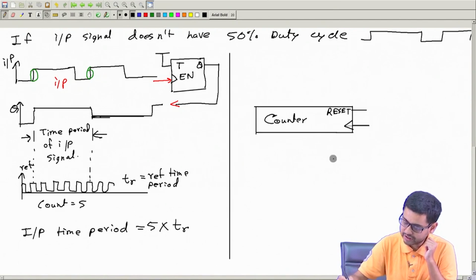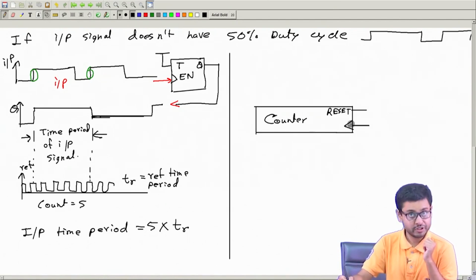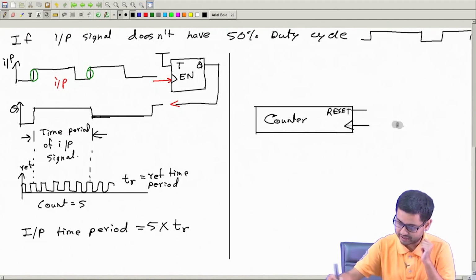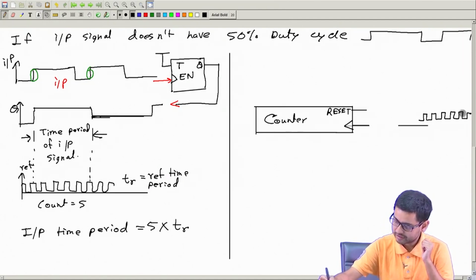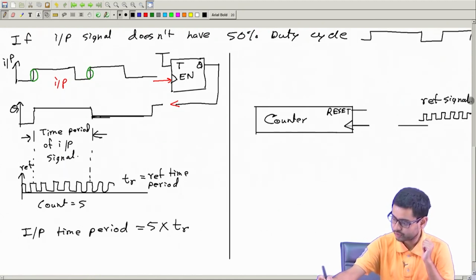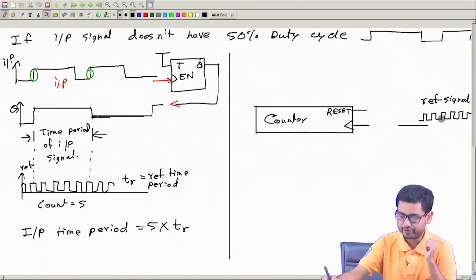But now it will count not the input signal, it will count the reference signal. So, here I will have this reference signal, a reference square wave of much higher frequency than the input signal, which will come here.